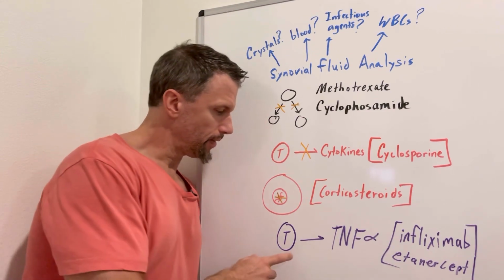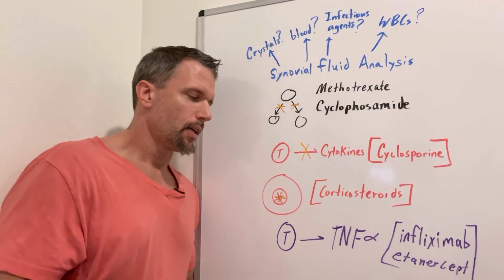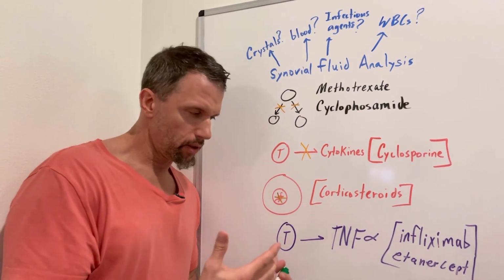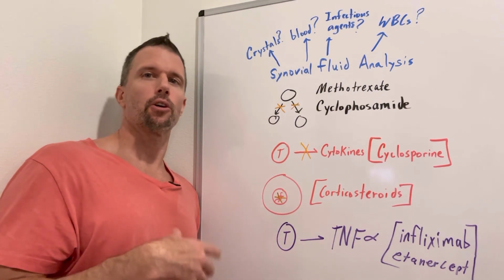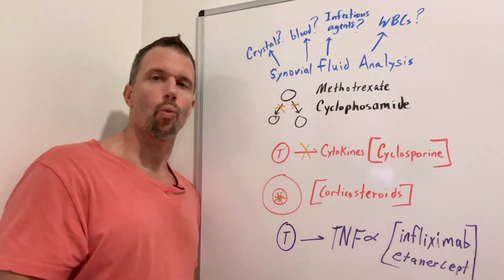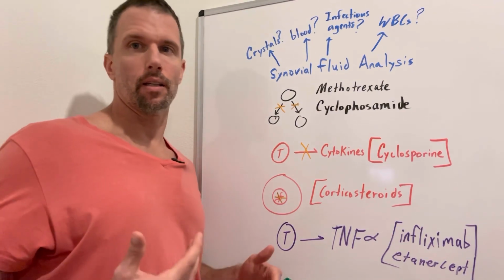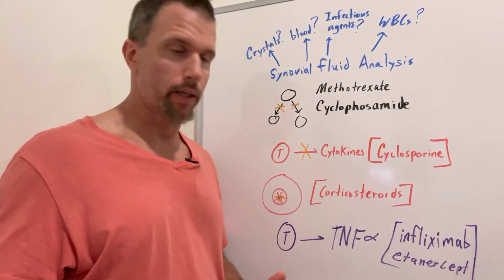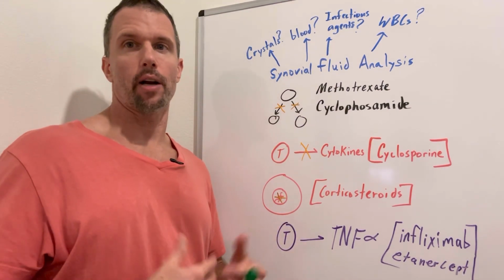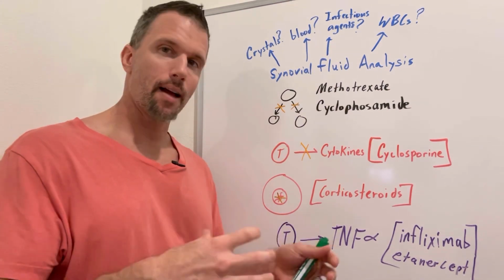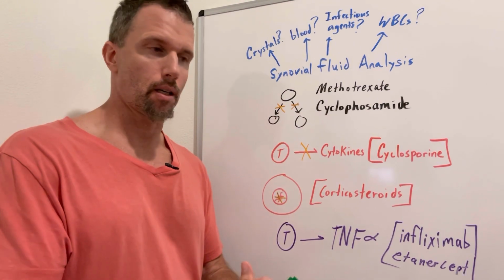And then this one down here, this is T for T cells. When T cells release certain cytokines, one pro-inflammatory cytokine that really gets the inflammatory pathway going is tumor necrosis factor alpha. Once it's out there, it's going to cause inflammation.